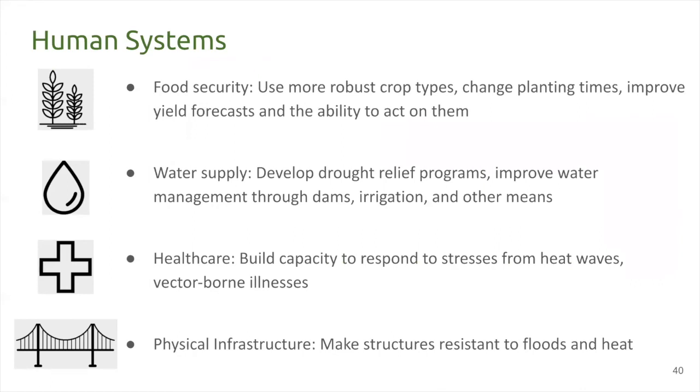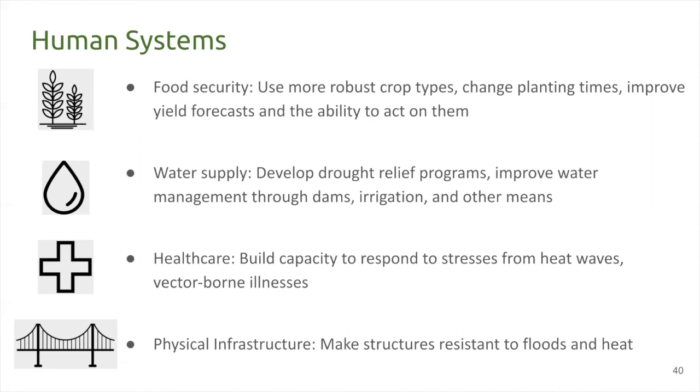Okay, in addition to biological systems, we can think through all the kinds of human managed systems and how we can make them more robust and resilient. So both food and water distribution systems can be designed to minimize impacts.